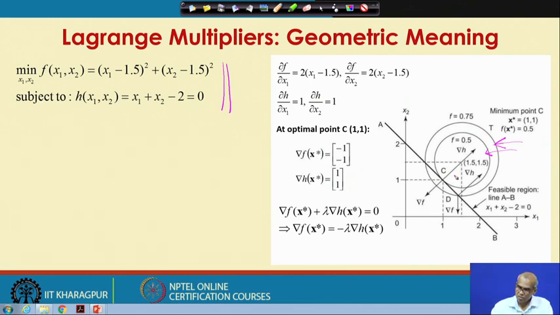That means, objective function value increases in this direction. In this direction, it is increasing. Now, we are minimizing this.